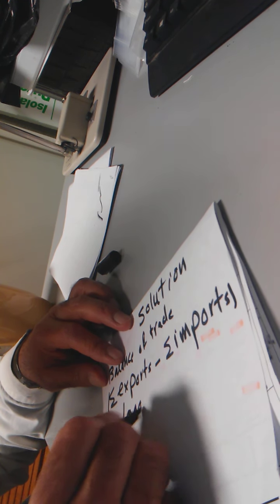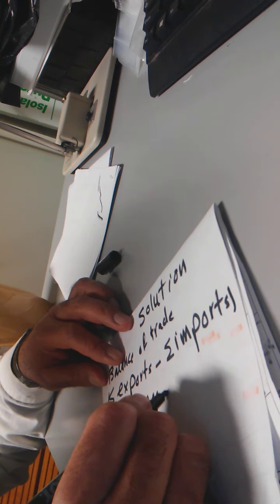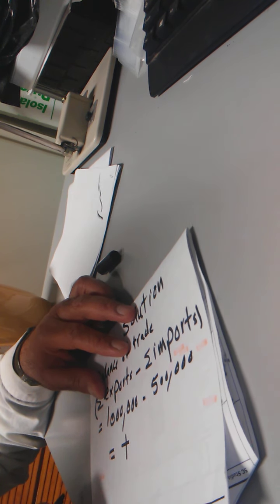Then that will come to exports, from the given, $1 million, minus the imports, $500,000. So I will have a positive, which is a surplus of $500,000.